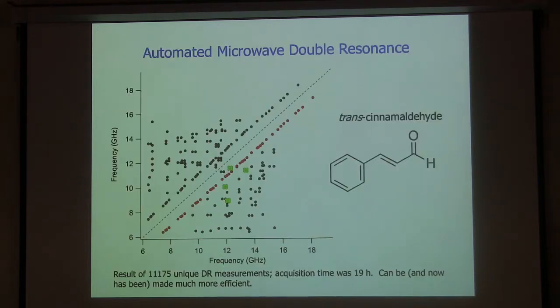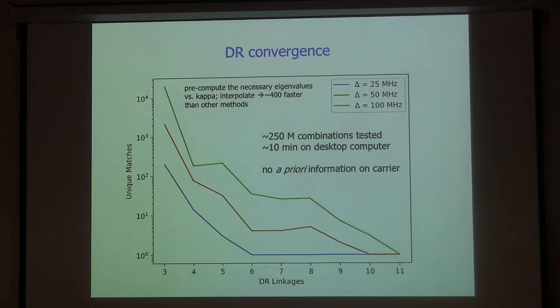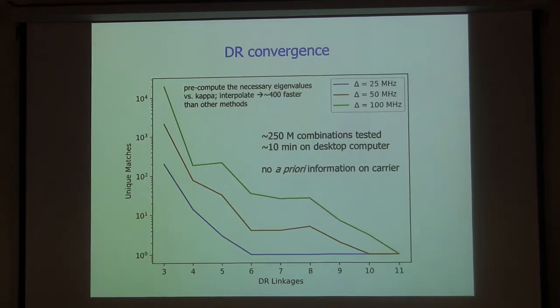So what Brandon has done recently, which is really a neat development, is to automate this whole thing, the small number of possibilities that are consistent with these double resonances. I said there are multiple combinations.